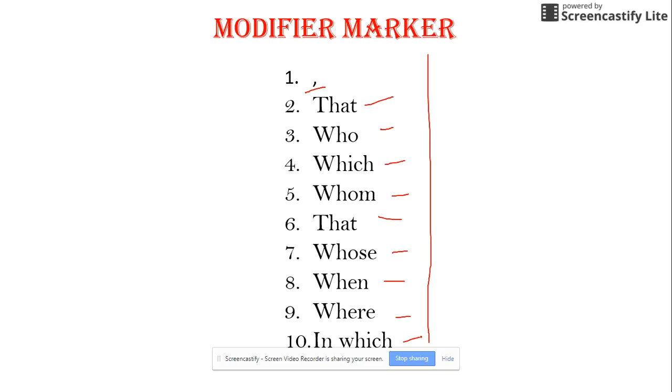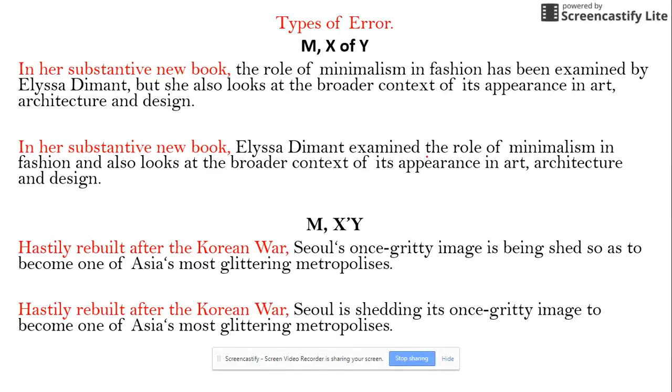Whenever these words are mentioned in the sentence, we should be very alert to check whether these words have been used correctly and properly or not. Now, the types of error that GMAT frequently asks. The very common type is modifier x and y, x of y. This is a common type of error that GMAT tests.